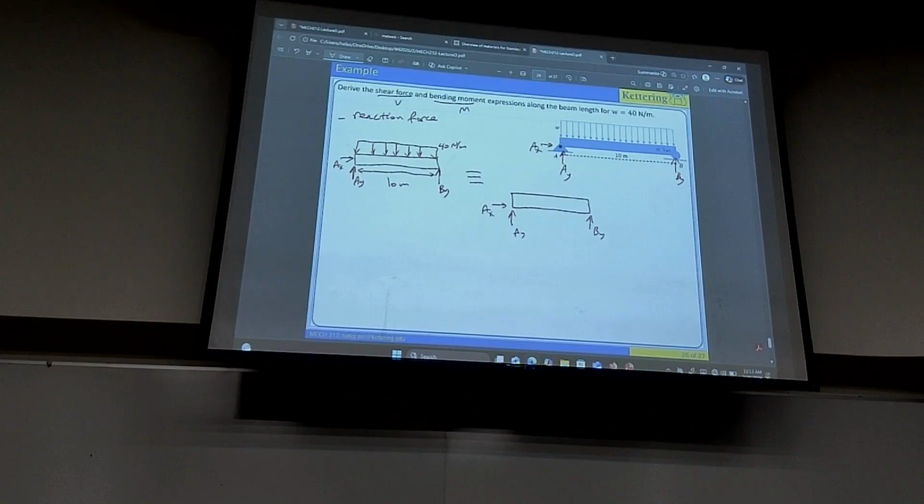We know that the distribution is rectangular, so we put the point load at the centroid of that distribution, right in the middle. That means this is 5 meters, this is 5 meters. And the load itself is the product of the intensity times the length, so 40 times 10, so 400 Newton.